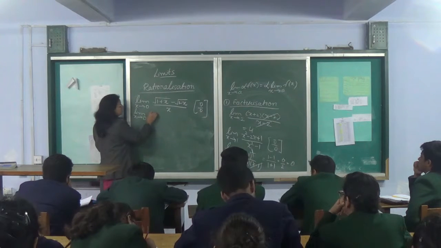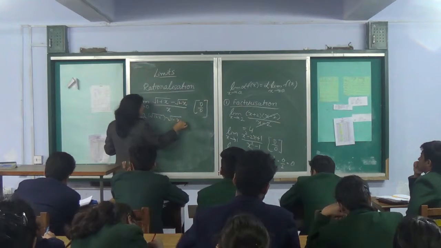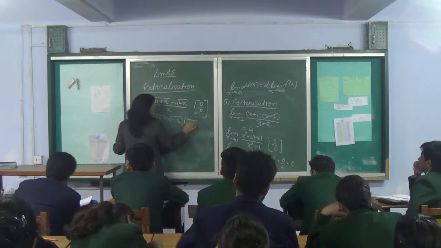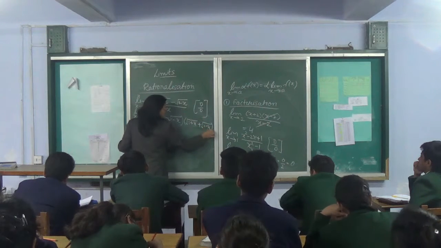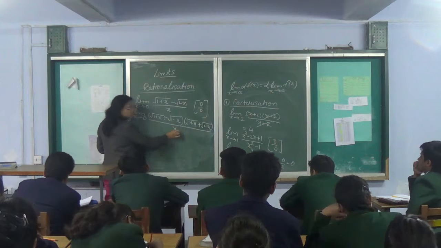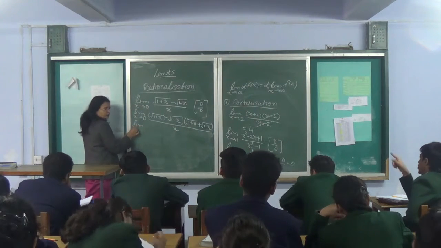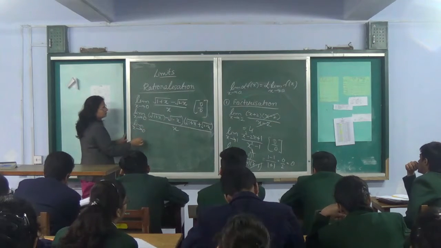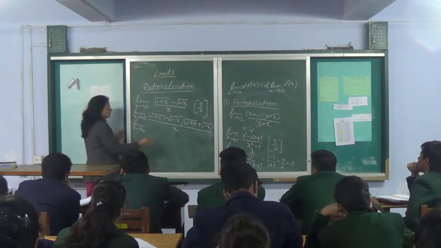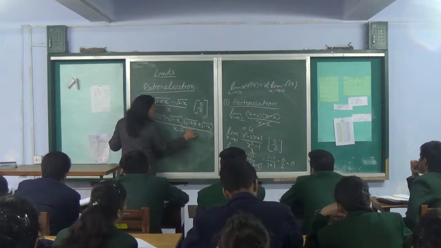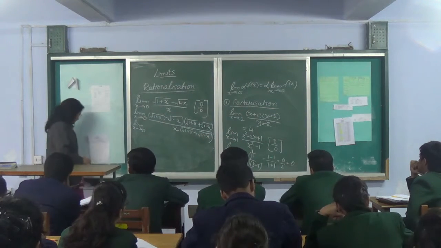So it is root 1 plus x minus root 1 minus x into root 1 plus x plus root 1 minus x upon x into root 1 plus x plus root 1 minus x. So this gives me limit x tending to 0.